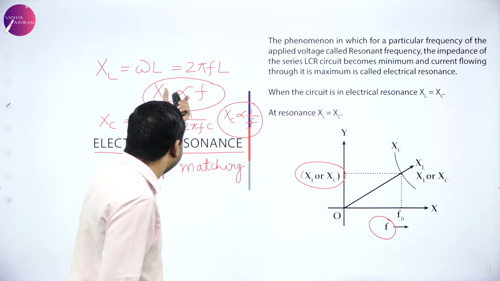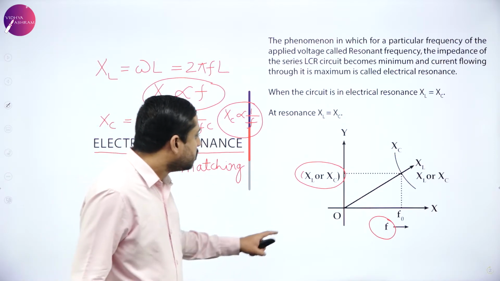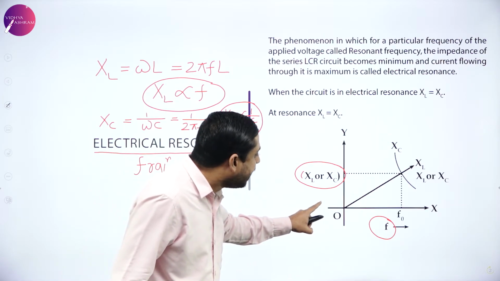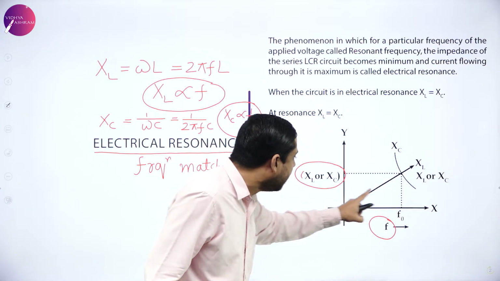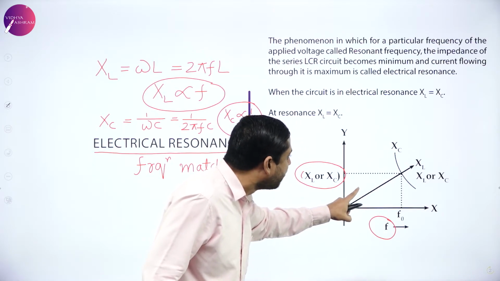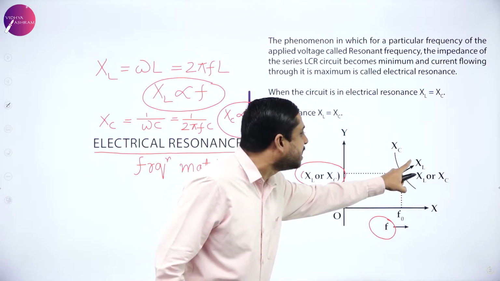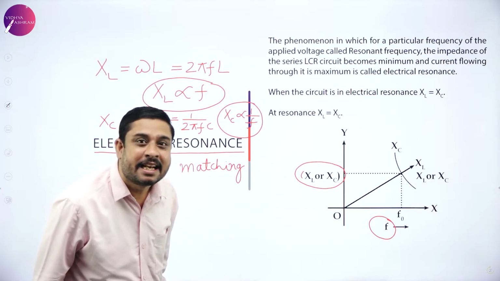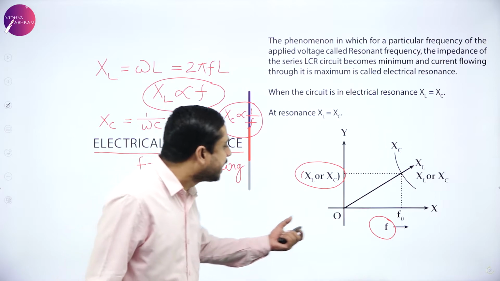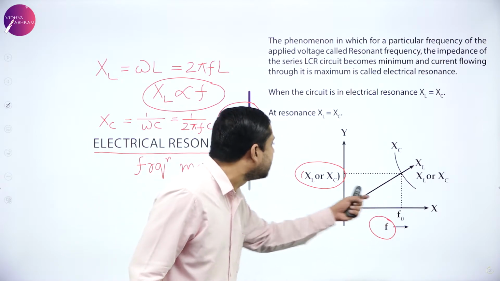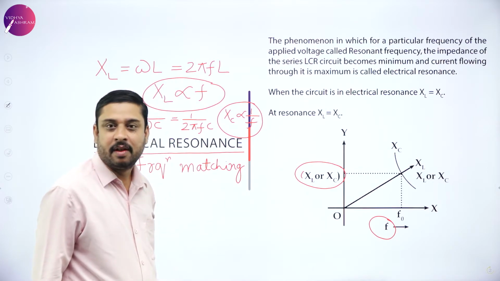You know the relation. They are directly proportional. So, as the applied frequency increases, the value of XL should also increase linearly. Increase the applied frequency, XL also increases.